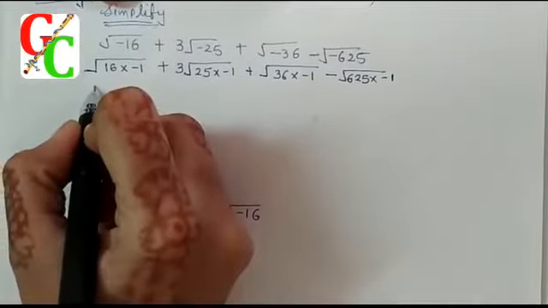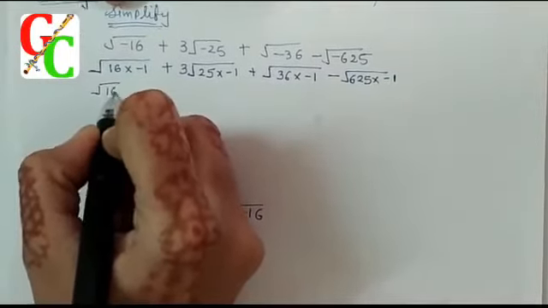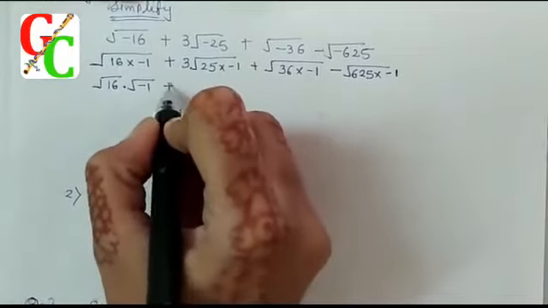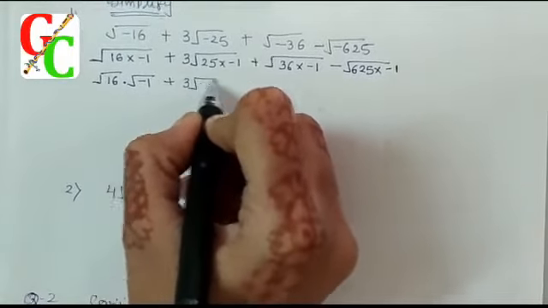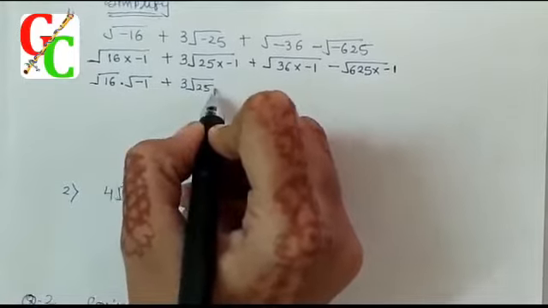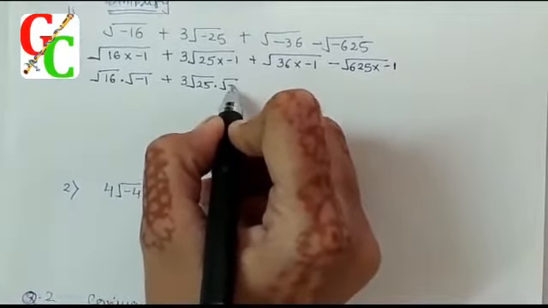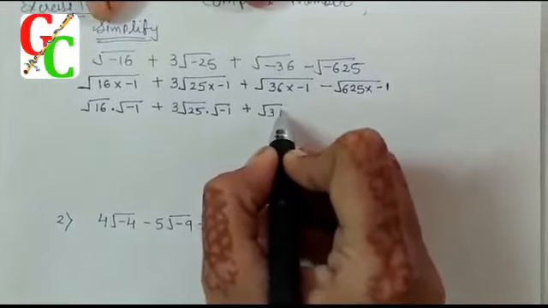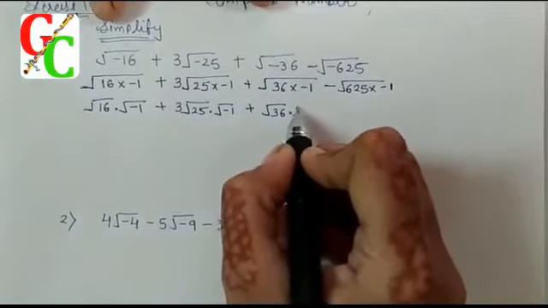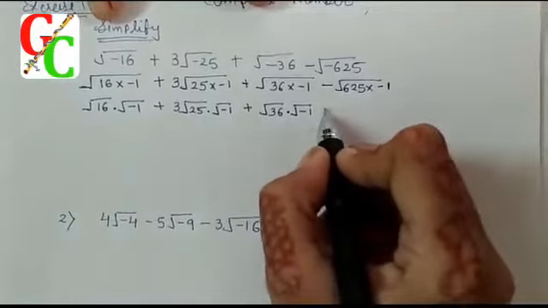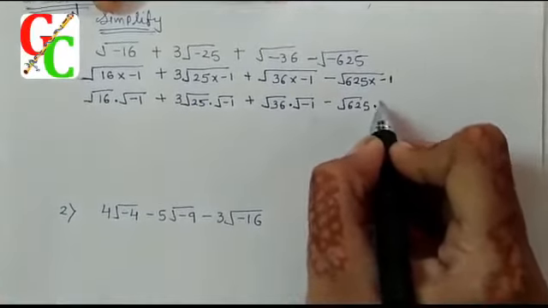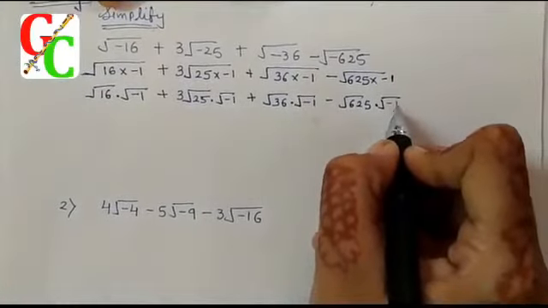Now we separate the root. The root 16 into root minus 1 plus 3 root 25 into root minus 1 plus root 36 into root minus 1 minus root 625 into root minus 1.